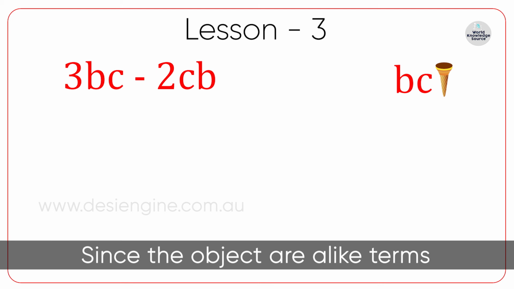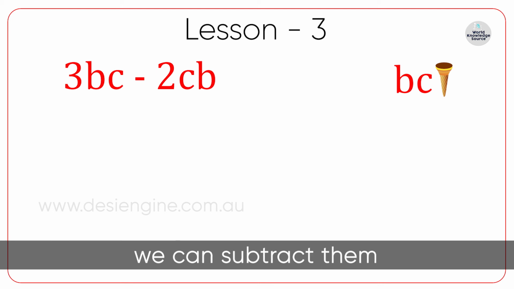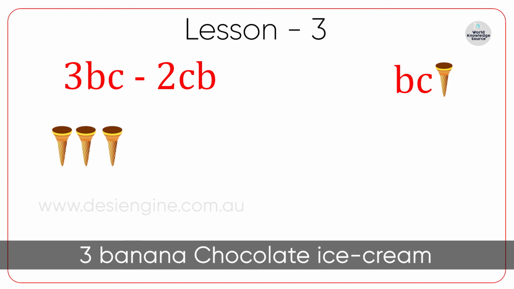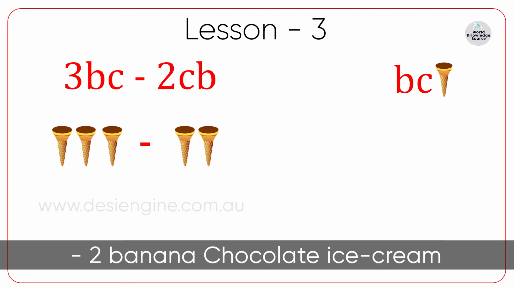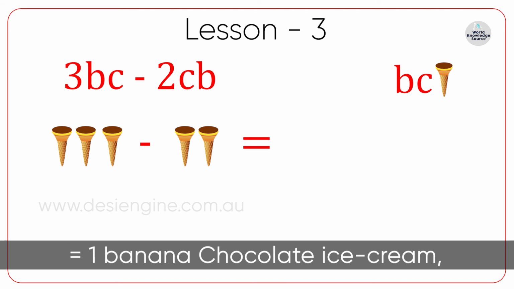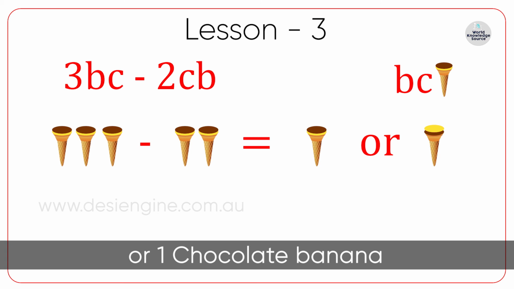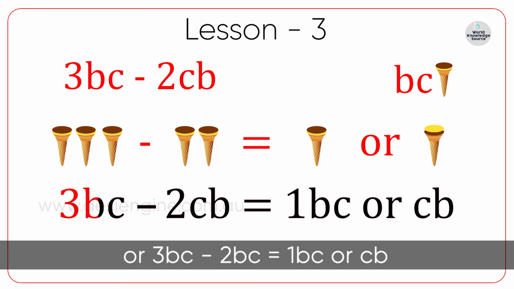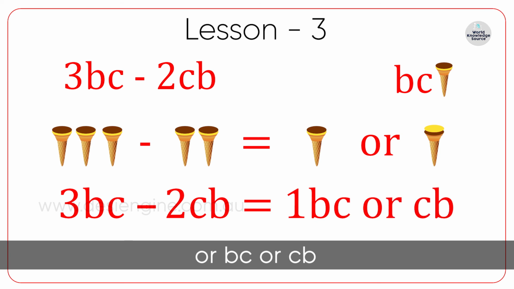Since the objects are alike terms, we can subtract them. Then we have 3 banana chocolate ice cream, subtract 2 chocolate banana ice cream, which equals 1 banana chocolate ice cream, or 1 chocolate banana. So 3bc subtract 2cb equals 1bc, or 1cb.